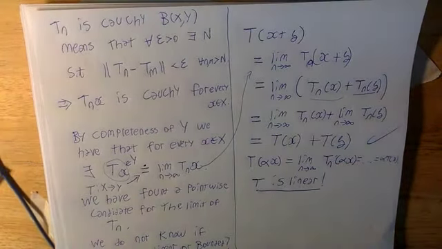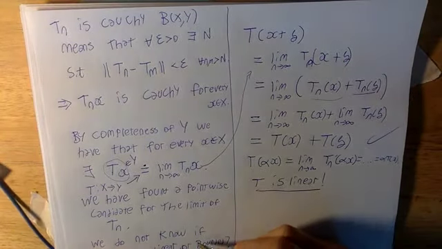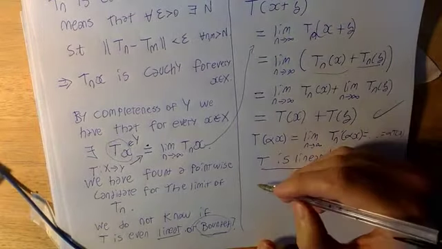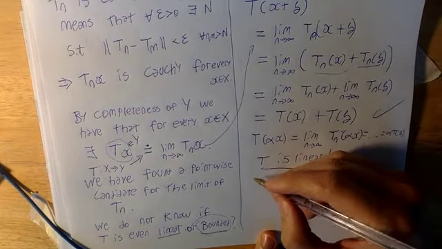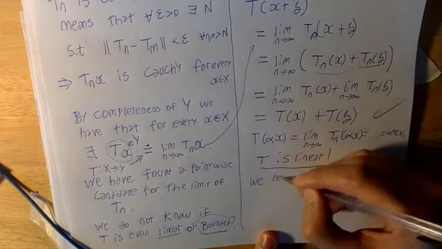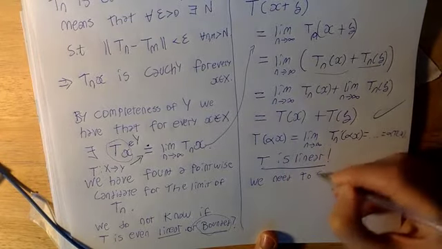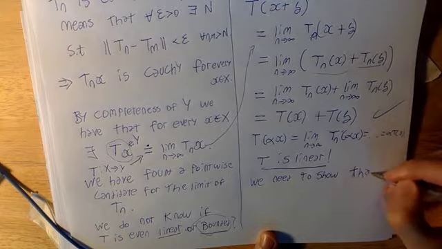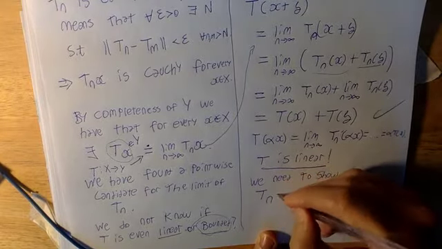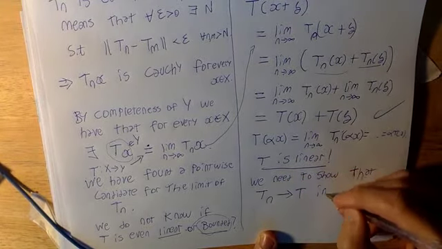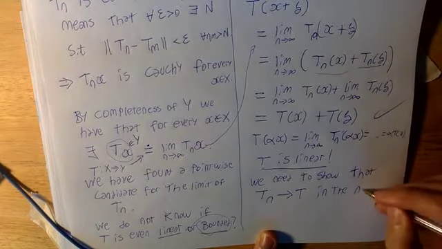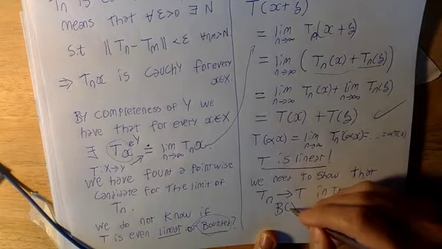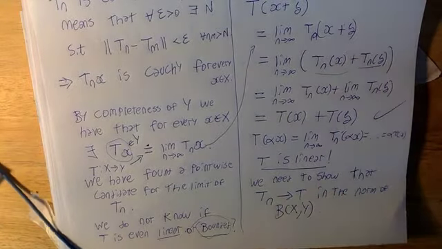Okay, so one way to show that T is bounded is by showing that Tn converges to T in the norm of B of X,Y.